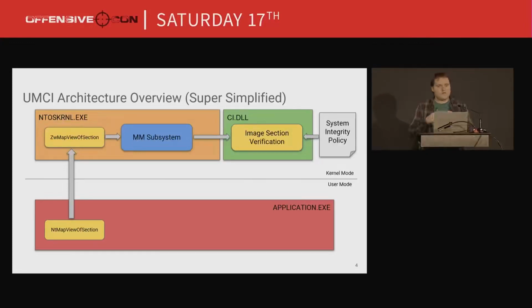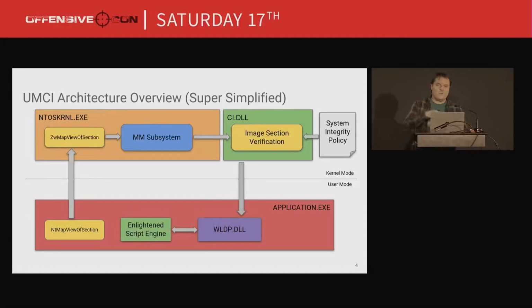But what about all those applications which run in user mode on a standard Windows system which could act as confused deputies, could load arbitrary script code and give you, for all intents and purposes, arbitrary code execution anyway? To do a bit of mitigation against that, Microsoft also has something called the Windows Lockdown Policy. And the Windows Lockdown Policy is implemented in this WLDP DLL. And it allows what could be referred to as enlightened script engines.